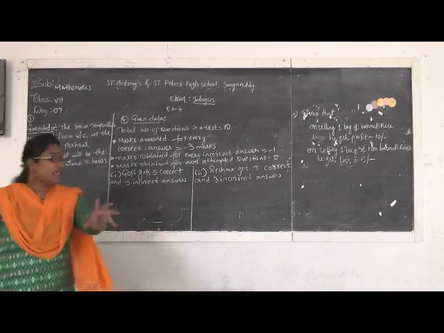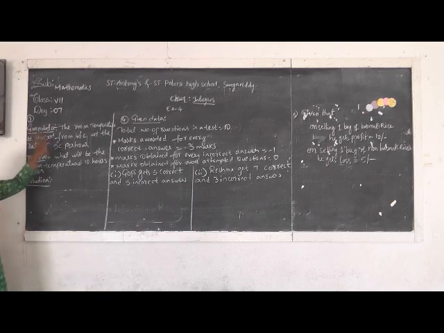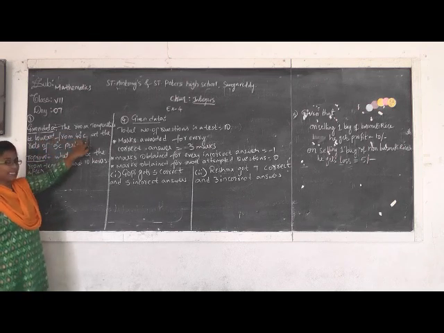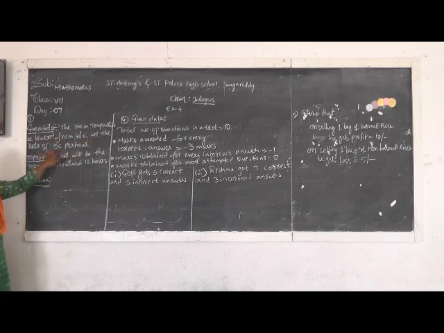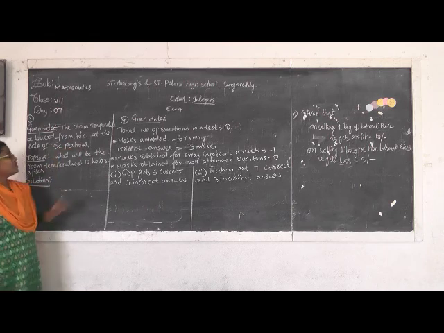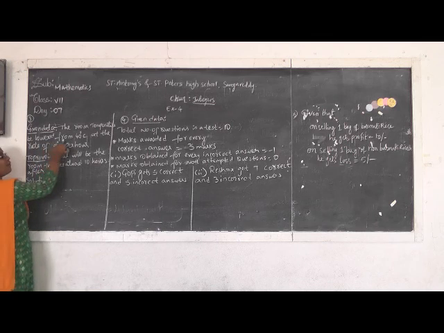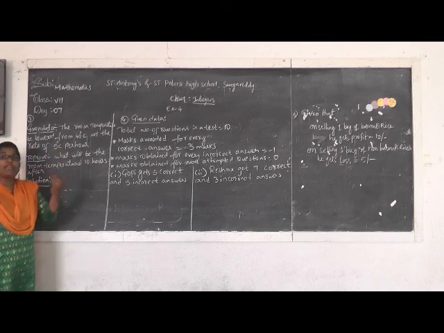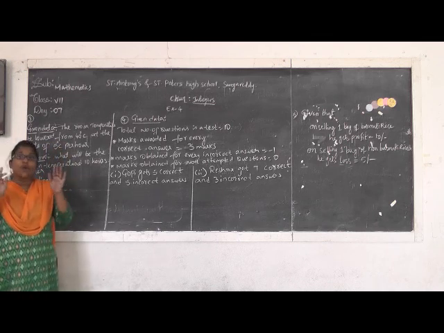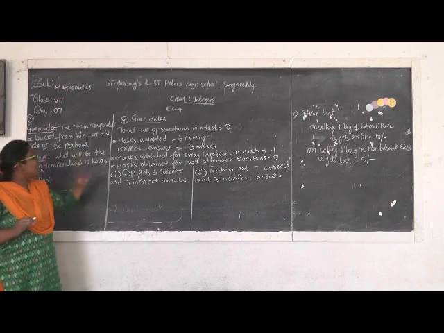So my dear students, if you observe, what is the given data in this question? The room temperature is lowered from 40 degrees Celsius at the rate of 5 degrees Celsius per hour. For example, we assume the temperature is 40 degrees Celsius, and it starts reducing.